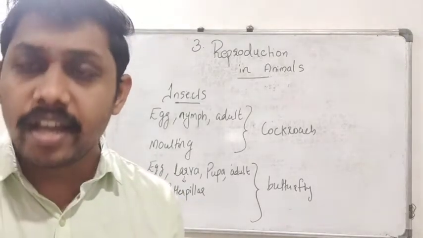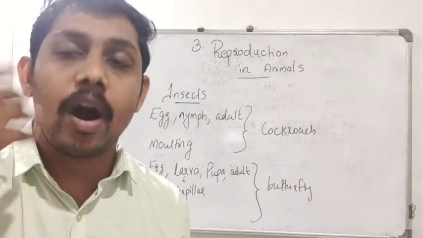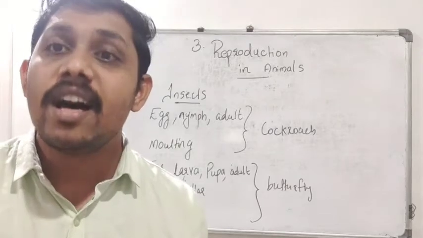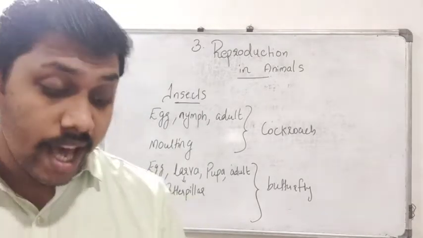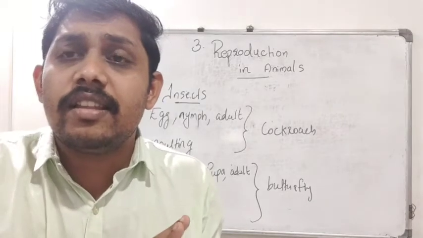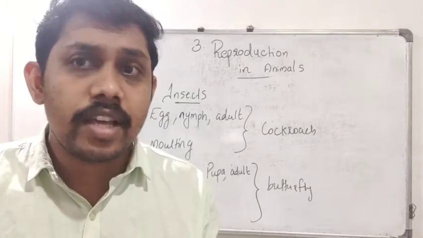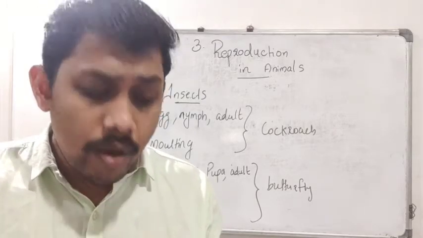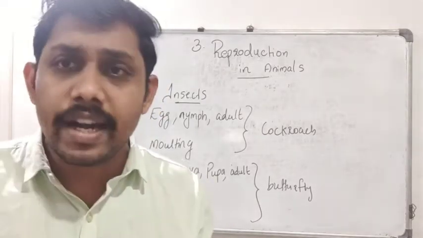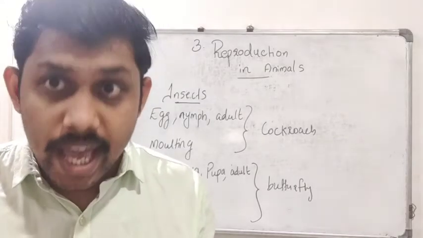From the egg, the butterfly hatches out, and that is called the larva. The larva looks very different from the adult butterfly.